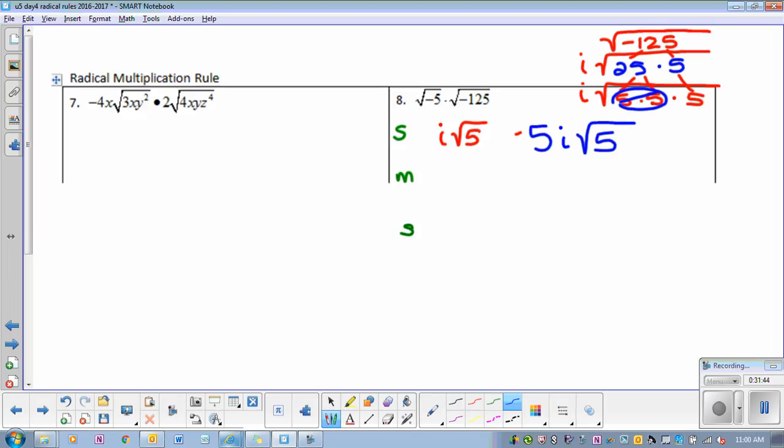Now multiply. Remember, multiply the outside times the outside. What is i times 5i? 5i squared. And then what about inside the square root? What's 5 times 5? 25.